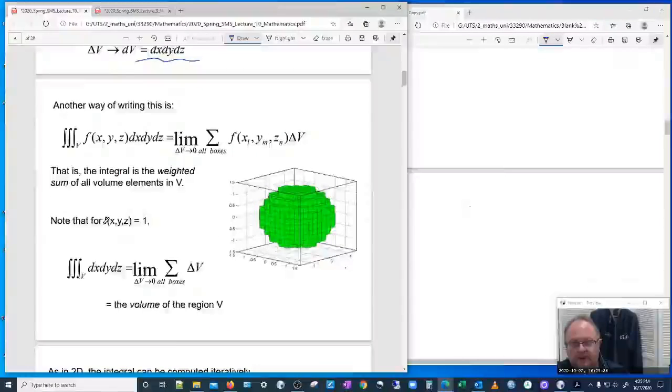Another way of writing this is as a triple integral, and notice the change. It's no longer a region, it's a volume. That's often what you'll get, and then we've got the limit for our volumes approaching 0 for all of the boxes. That is, the boxes are going from a bigger size to a smaller size, infinitely small.